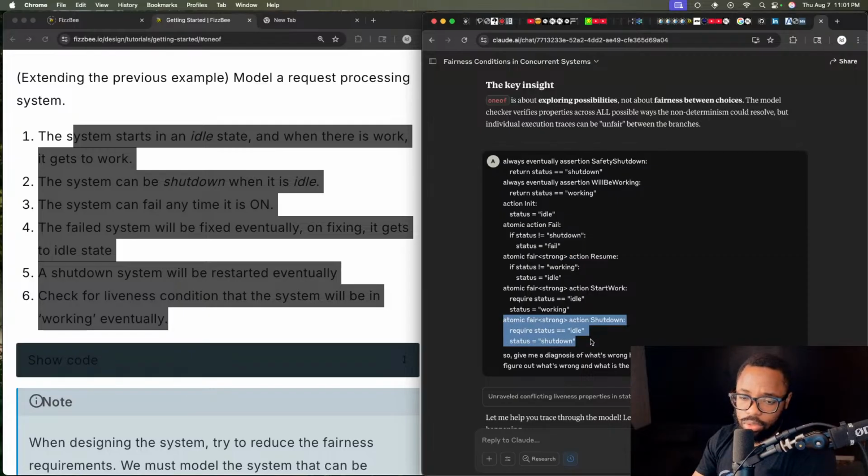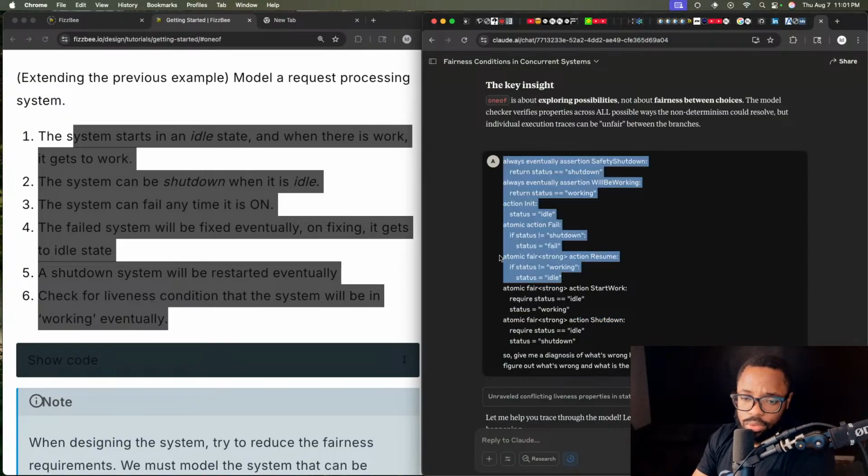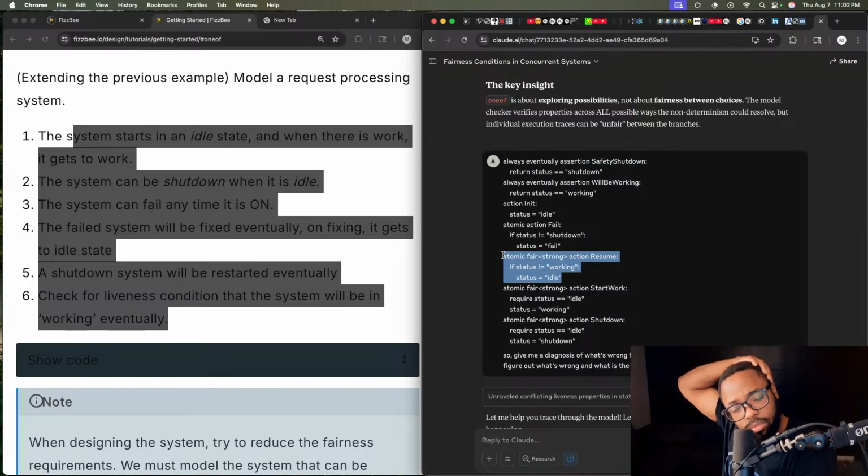If you enable shutdown infinitely often, then you'll be forced to go to idle at some point, or infinitely often as well.